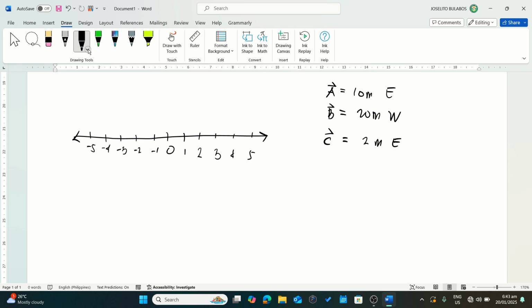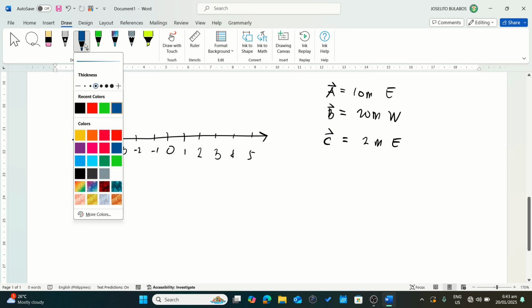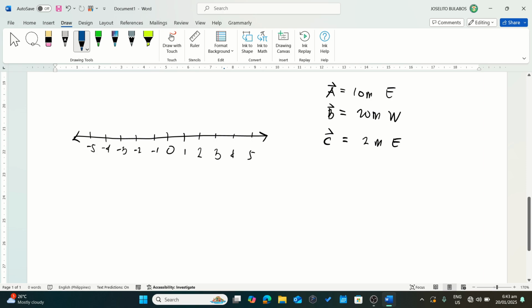So let's start with vector A. So east, if we have here the direction, this is north, south, west, east. So vector A, that's too much, that's 10. Let me just delete it. Okay, so let's say this is 5.